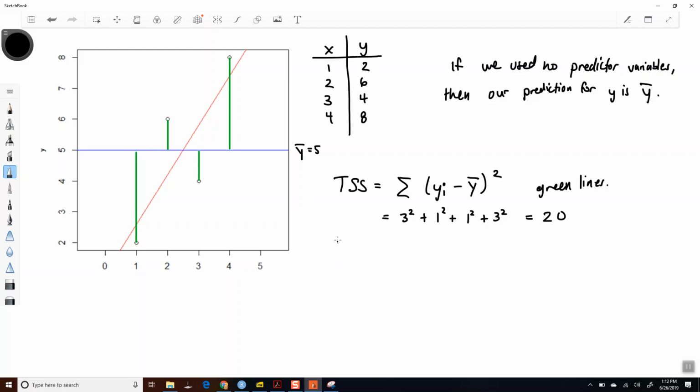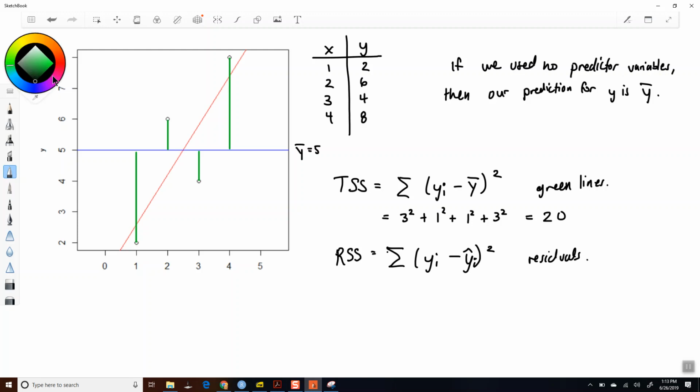Meanwhile, the RSS is the distance between each value, y_i minus y hat sub i, squared, which is the residuals. I guess I'll do these in orange lines.